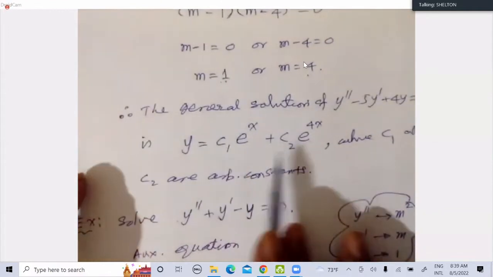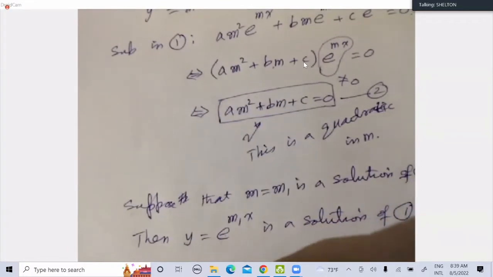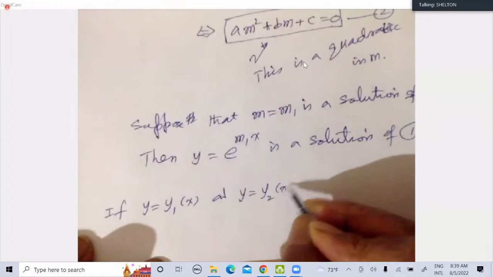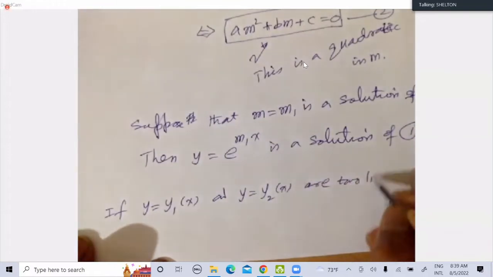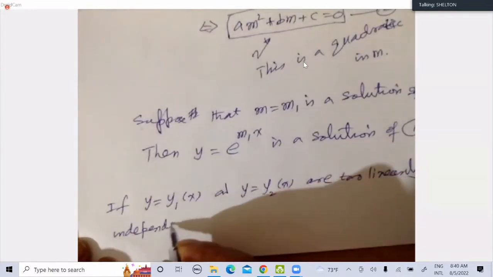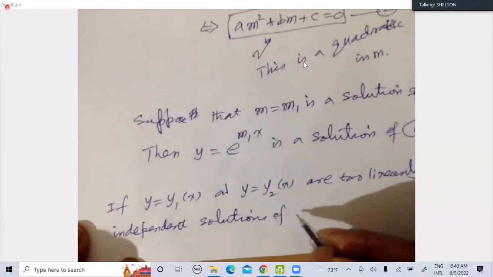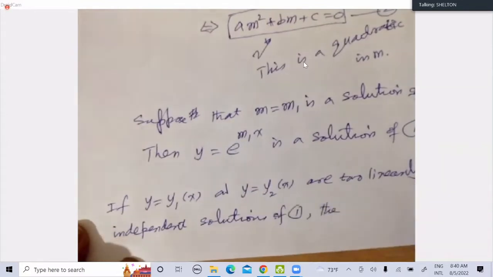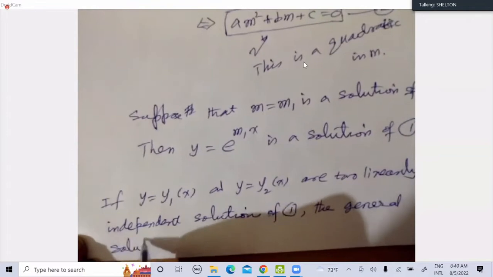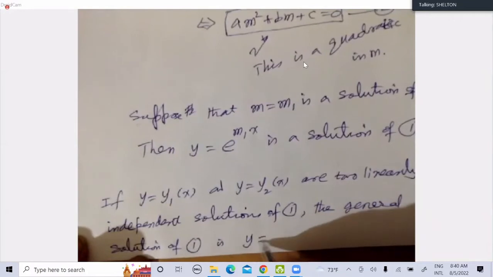That is also theory. If y equals y1(x) and y equals y2(x), functions of x, are two linearly independent solutions of 1, then the general solution, meaning any solution, of the differential equation is y equals, how do you write it?